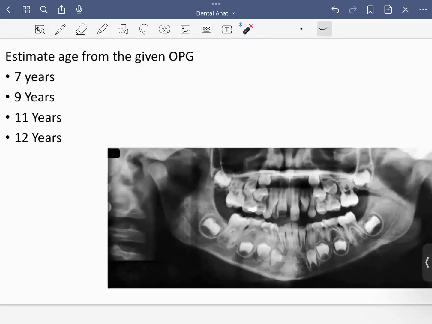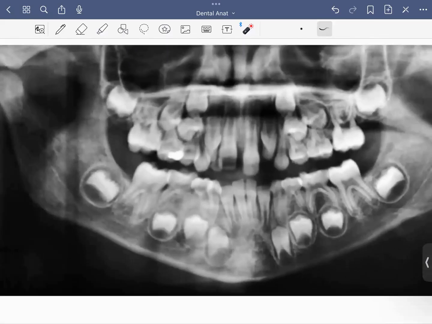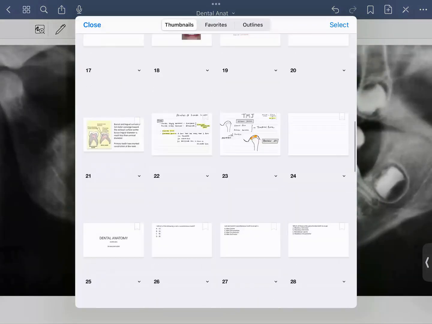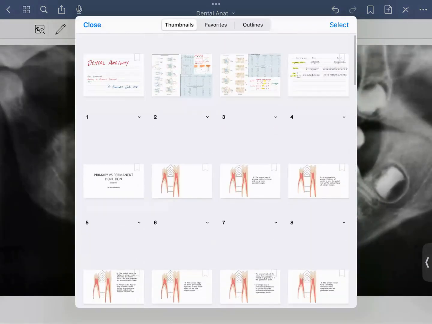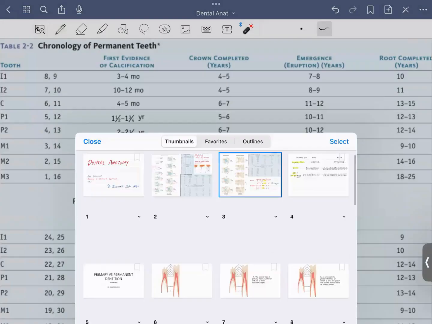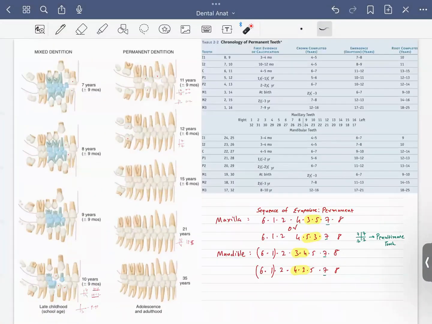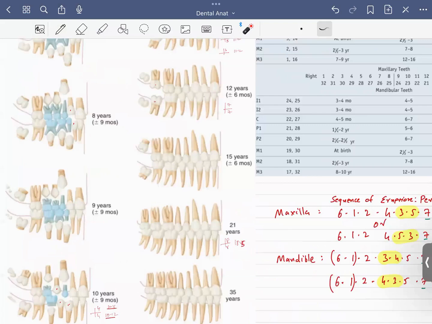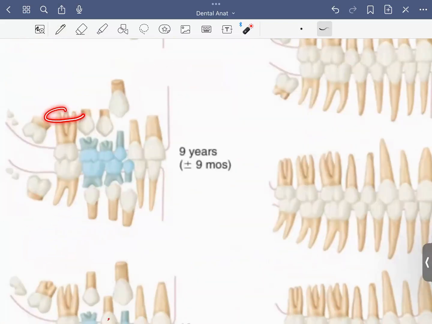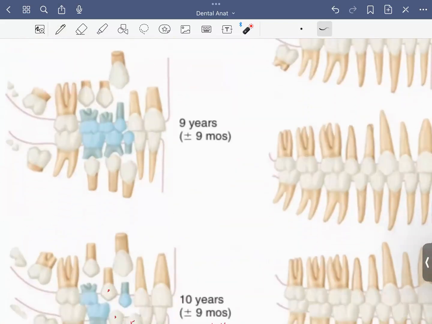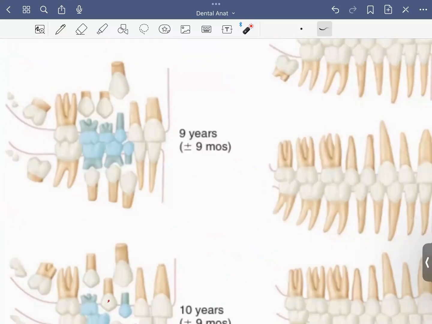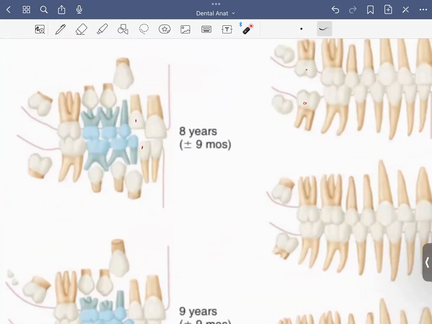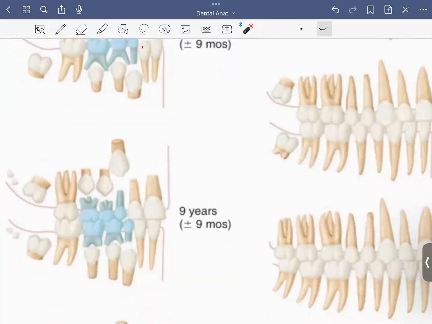Okay. One important point that we can see is the roots of the molar are not yet completed. At around 9, root will be completed in the mandibular molar.